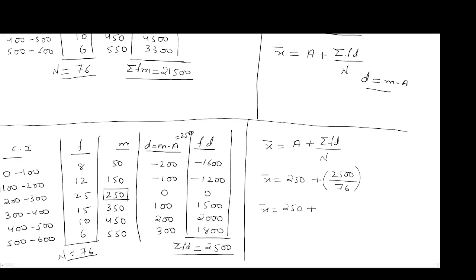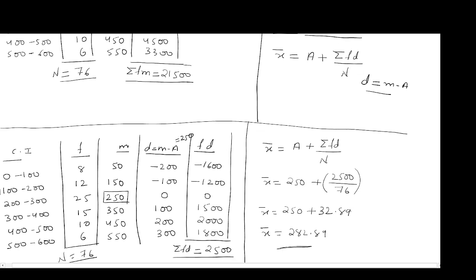So you are getting 32.89. Now add this 250 with 32.89, you are getting 282.89. So this is your mean value.